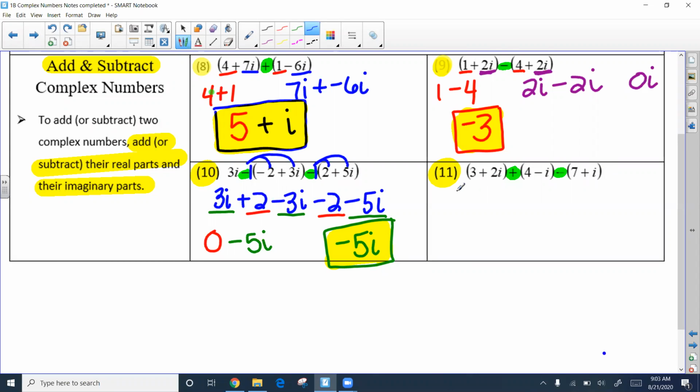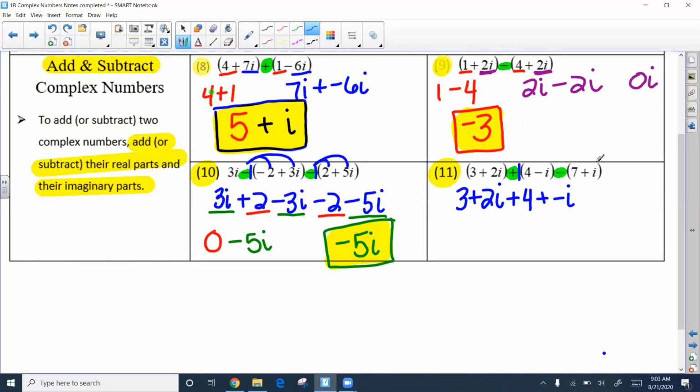The first one here, 3 + 2i, I'm going to just write without the parentheses around it, because I have a +3 and a +2i. Then I'm adding a 4, so that'd be a +4, and then I'm adding a −i. This is like a 1 in front, and it's a +1, so that'd be a +4 and still a −i.